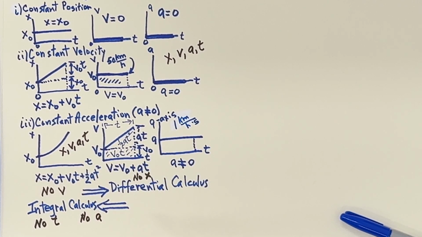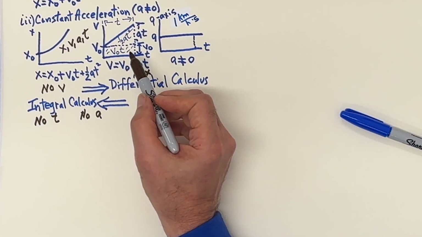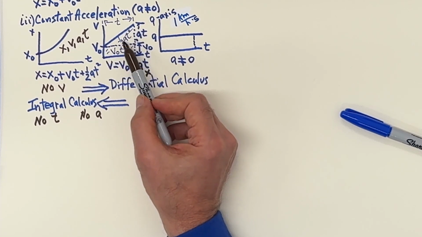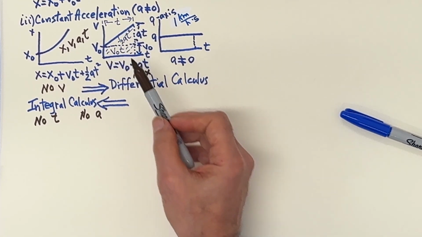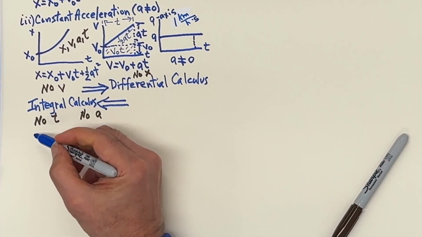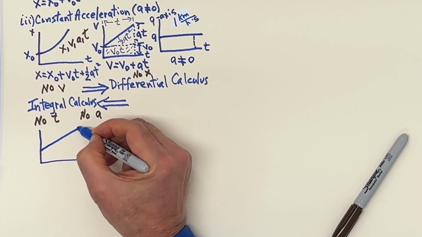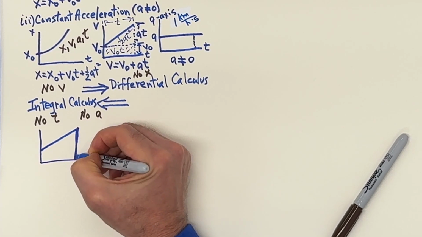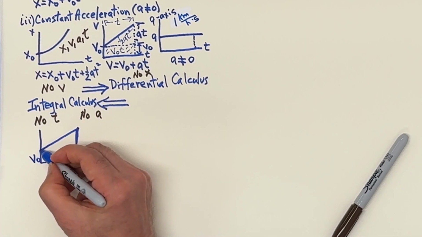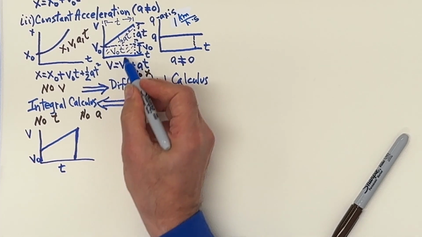Well, I can find the one with no a by looking at the area here, and instead of dividing it up into two parts where you have a triangle and a rectangle, I'm going to look at this as a trapezoid where I have a v naught here. This is my v and this is my t. I'm pulling this one down here.